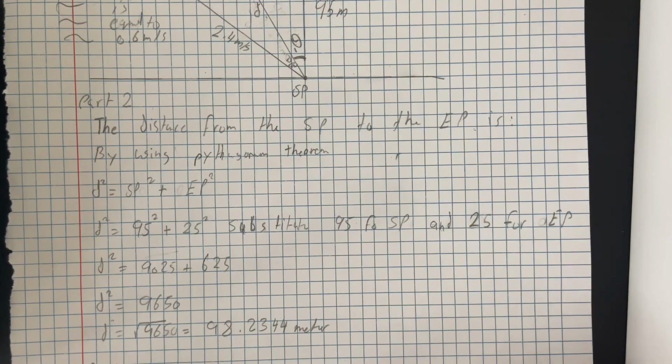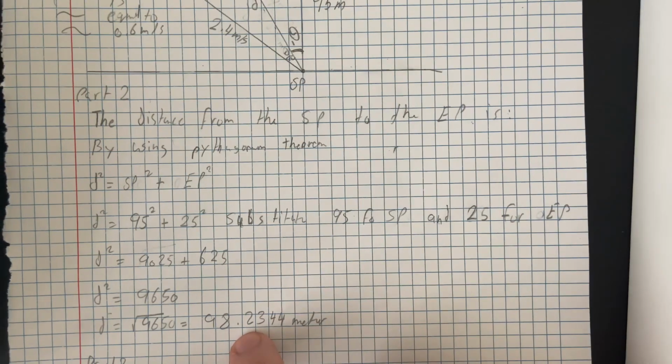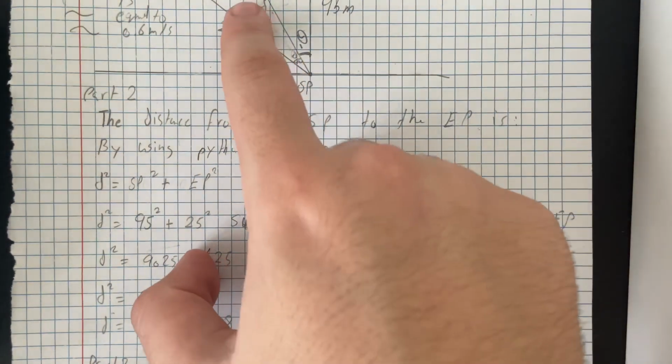D squared is equal to 9025 plus 625, which will equal 9650. Now D is equal to the square root of 9650, which is equal to 98.2344. Now, this is the distance from the starting point to the end point.